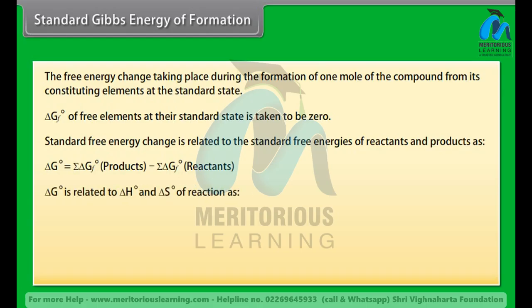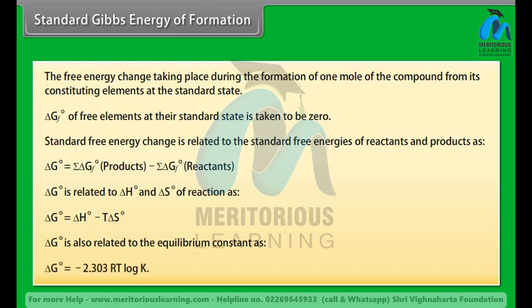Delta G naught is related to delta H naught and delta S naught of reaction as delta G naught equals delta H naught minus T delta S naught. Delta G naught is also related to the equilibrium constant as delta G naught equals minus 2.303 RT log K.